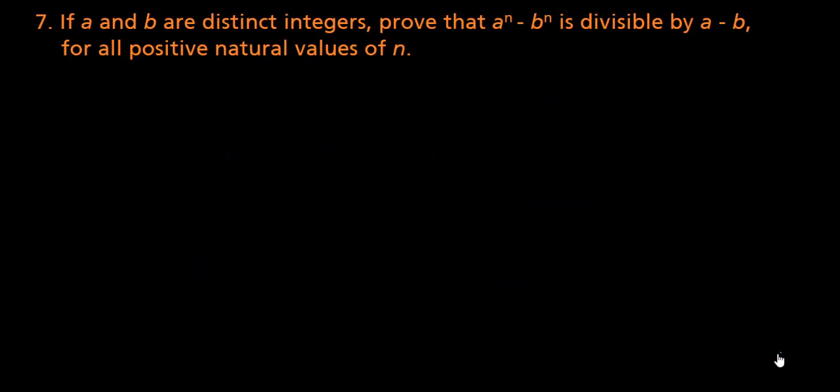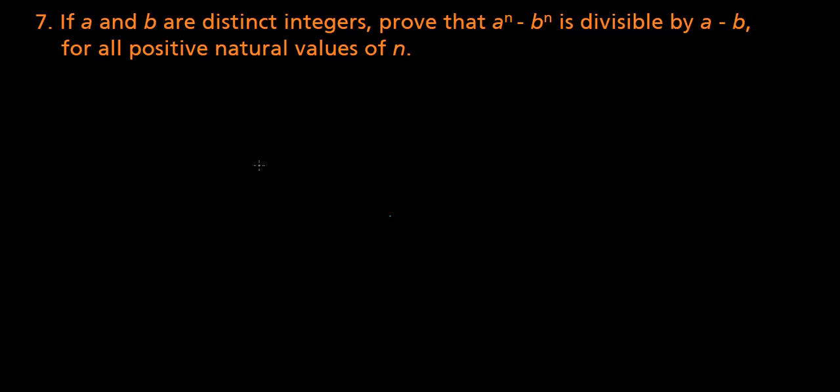In this question, it is given that a and b are distinct integers. Then we have to prove that a raised to the power of n minus b raised to the power of n is always divisible by a minus b, where n is a natural number.